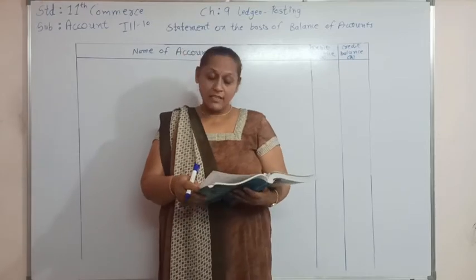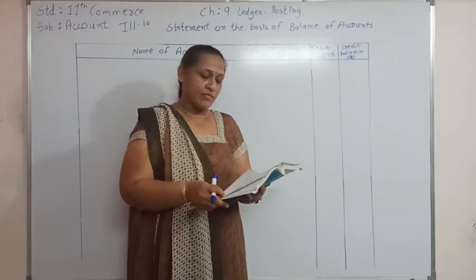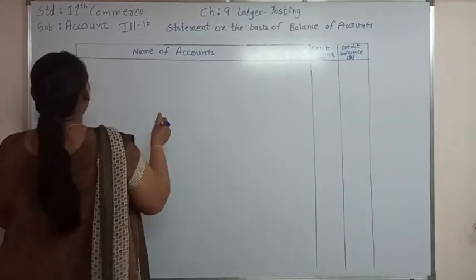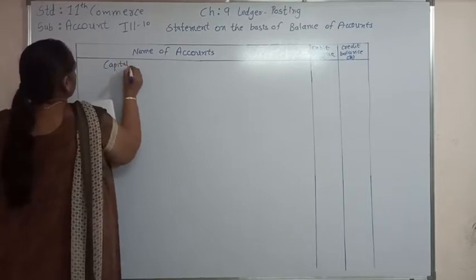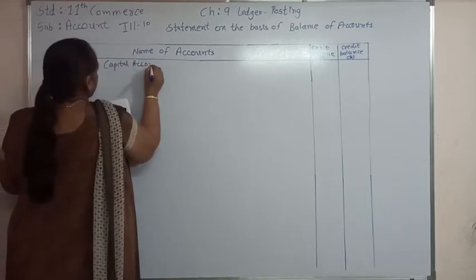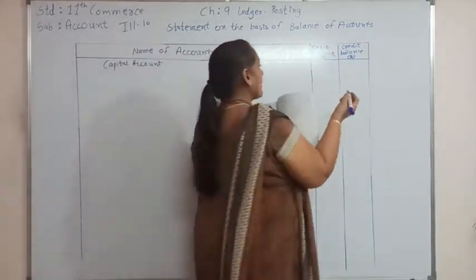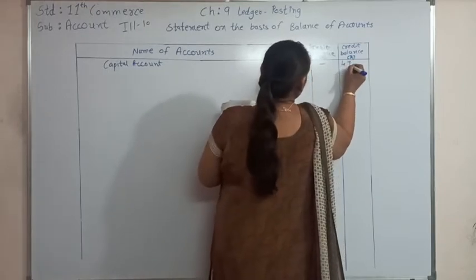So this balance is called a credit balance, as we already discussed before. In the statement we will write that the very first account is the capital account, and the balance is on the credit side and it is 4,70,000.